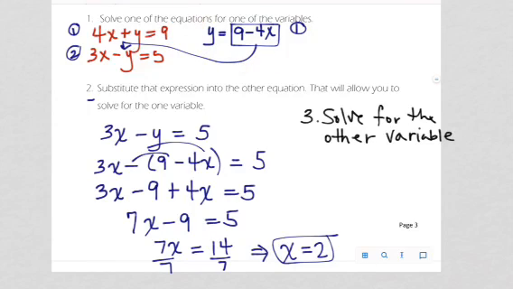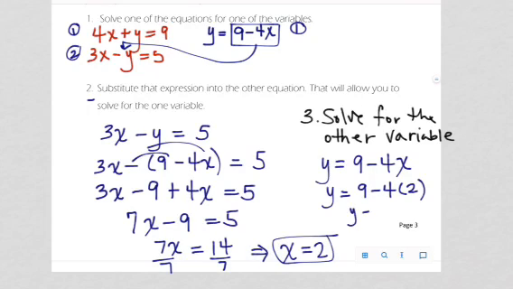That's because I now know the value for x, it's 2. I can simply substitute that number 2 in for this x right here, giving me the value for y. So y equals 9 minus 4x. I know that x is 2. y will equal 9 minus 8, and we get that y is 1.